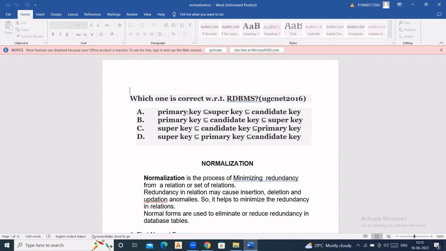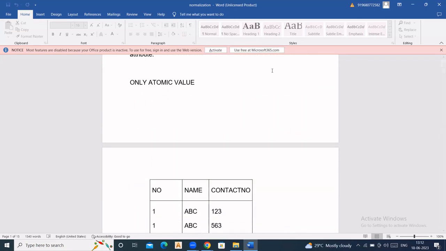B. The answer is option B: primary key is a subset of candidate key, which is a subset of super key. Oh yes, ma'am, I did it in reverse. So the answer is option B.